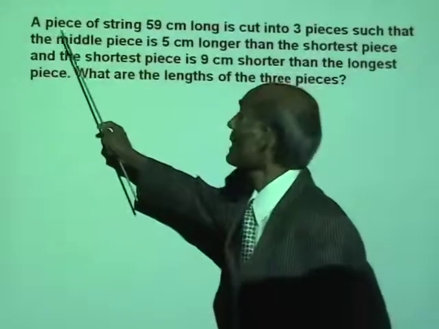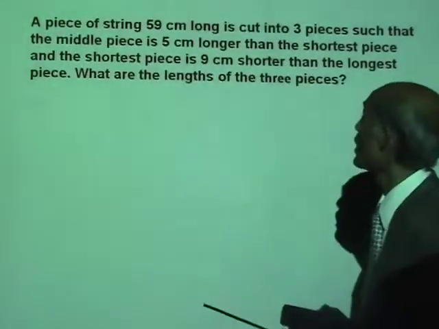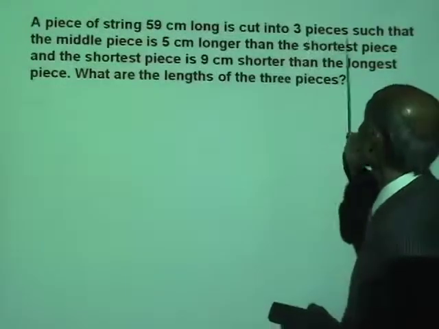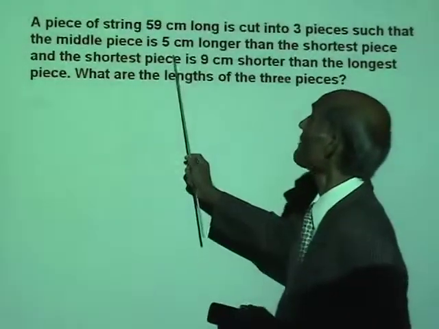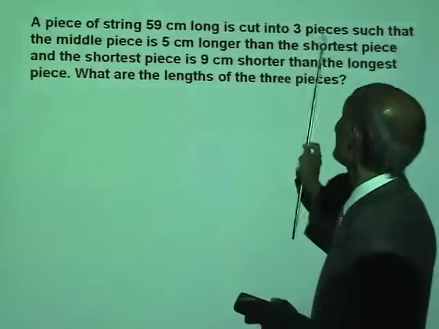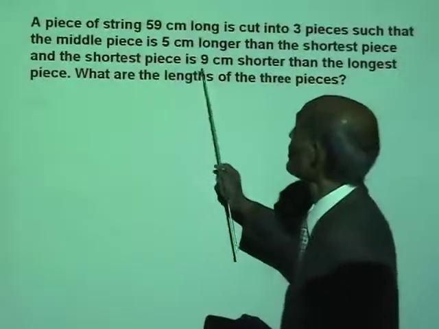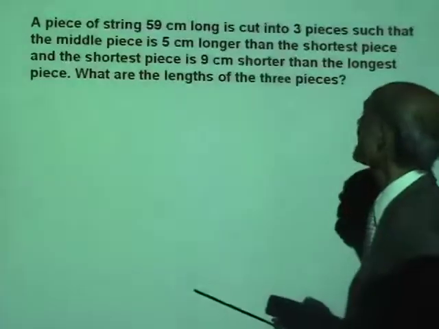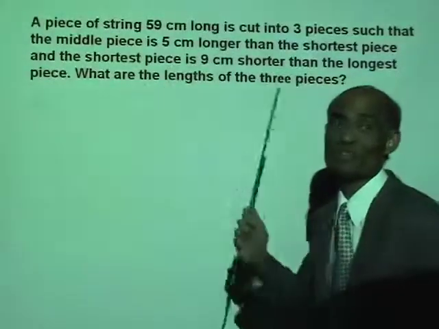A last one. A piece of string 59 centimeter long is cut into 3 pieces such that the middle piece is 5 centimeter longer than the shortest piece, and the shortest piece is 9 centimeter shorter than the longest piece.